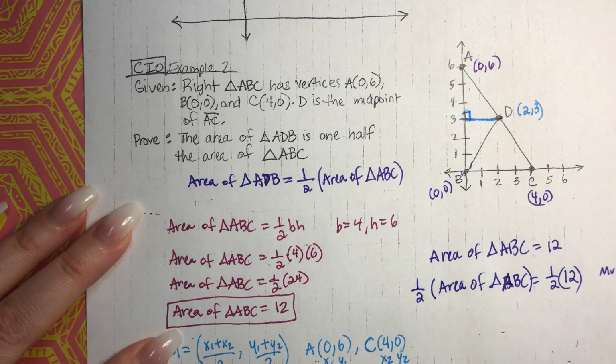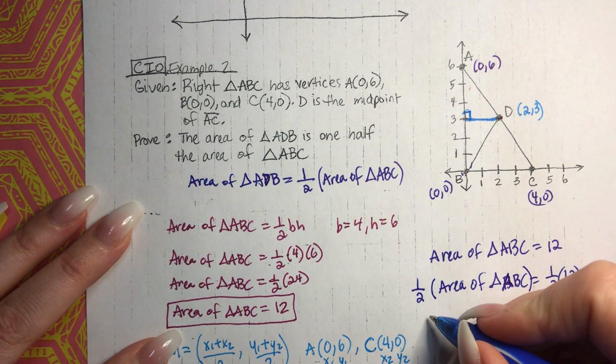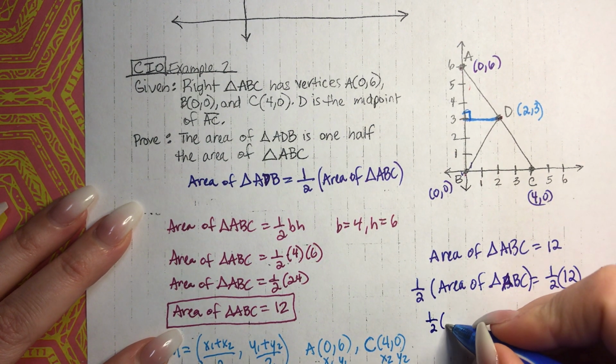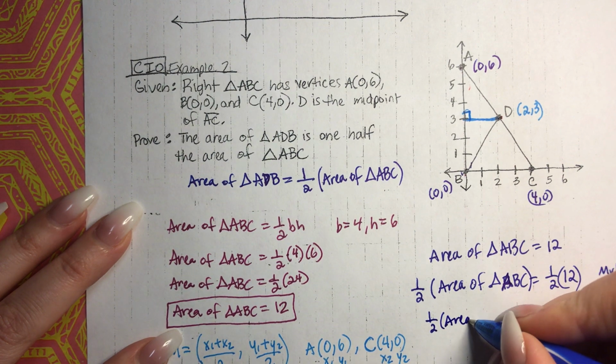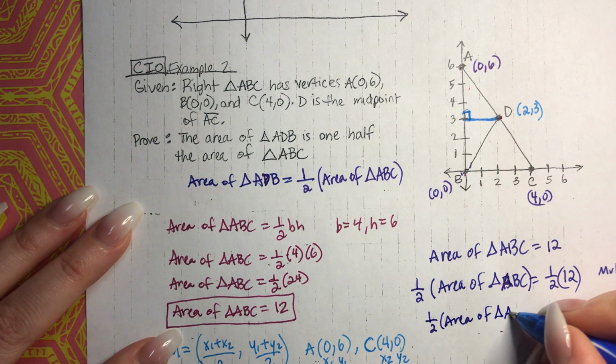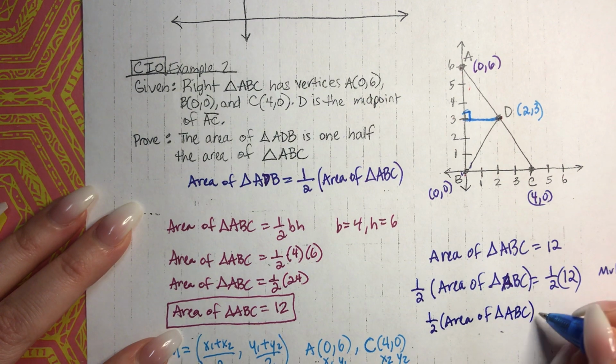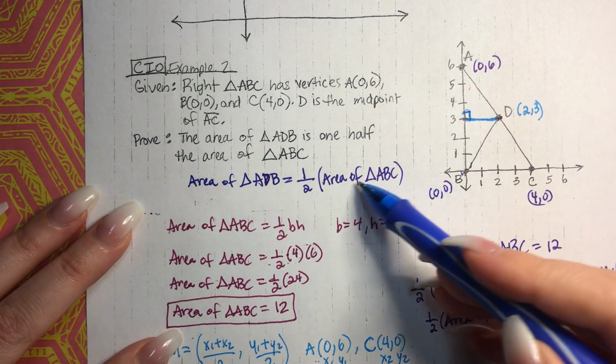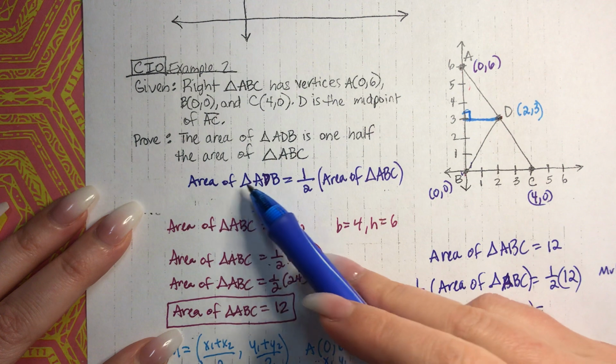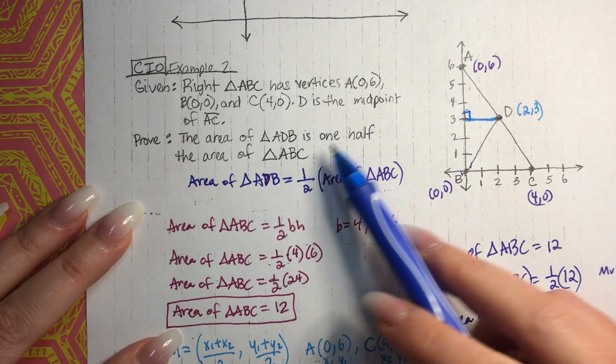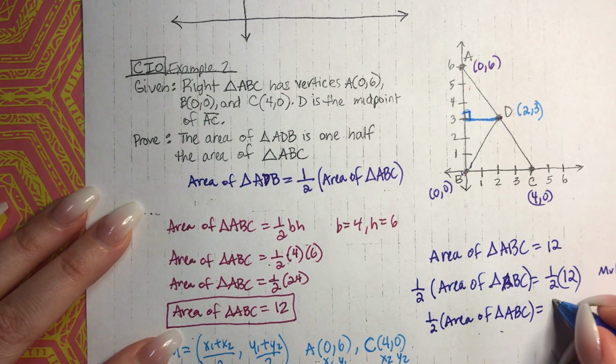Then I simplify. I'm left with 1/2 the area of triangle ABC, which is what I need. That's what I need right there. Now I just need this to equal the area of triangle ADB. Well, 1/2 of 12 is 6.